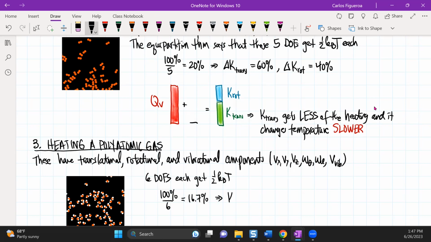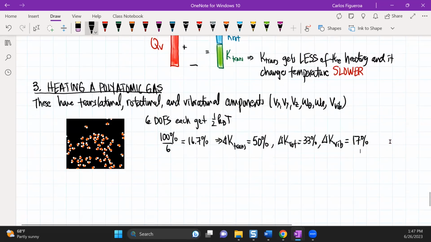When I look at the K translational, they actually get 50%. Note that 50% is less than 60% when compared to the diatomic. K rotational gets 33%, and K vibrational gets 17%.